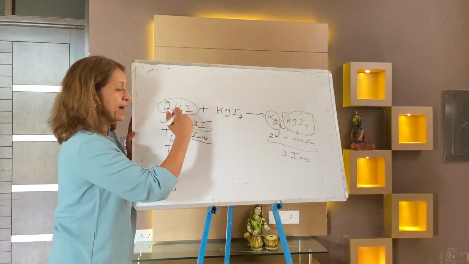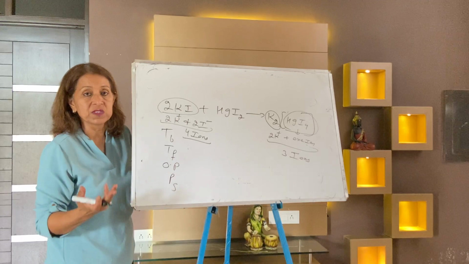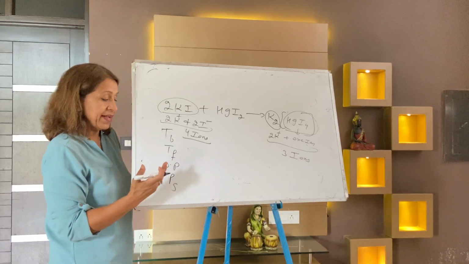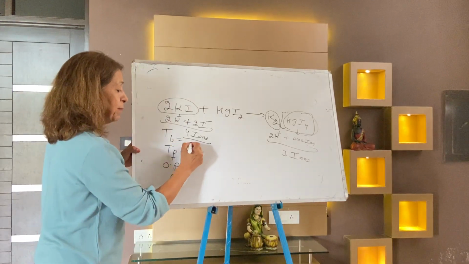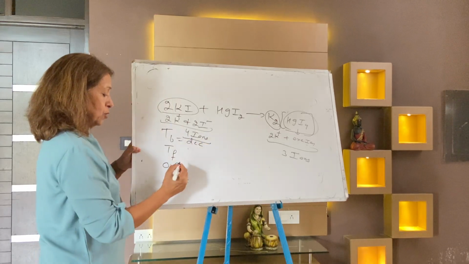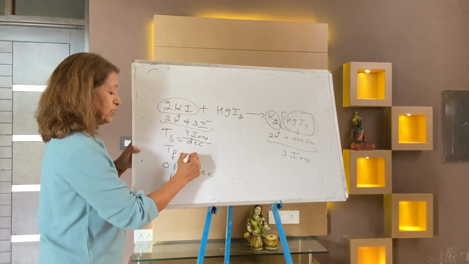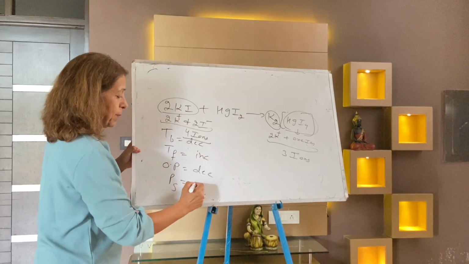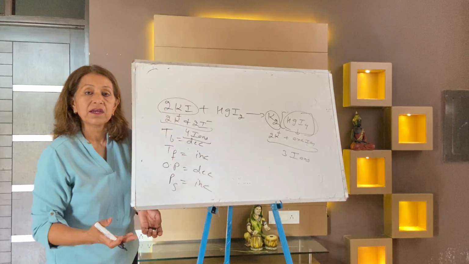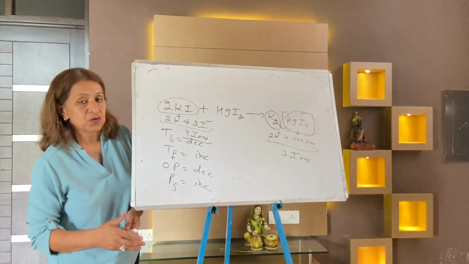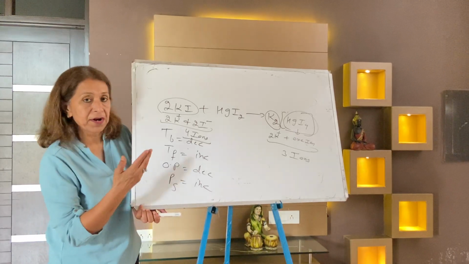When you move from reactant to product, the number of ions decreases. So when the number of ions decreases, remember TB decreases. Osmotic pressure decreases, but freezing point increases and vapor pressure increases, because they are inversely proportional to i, that is, concentration or number of moles.